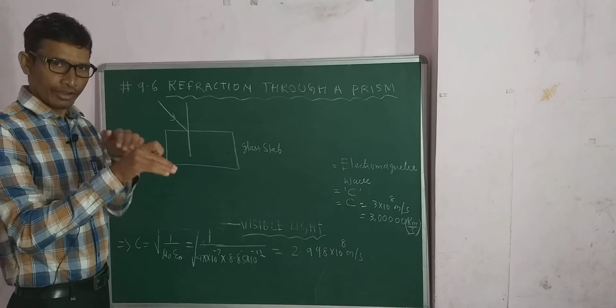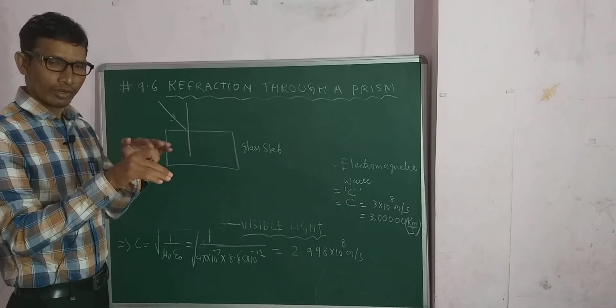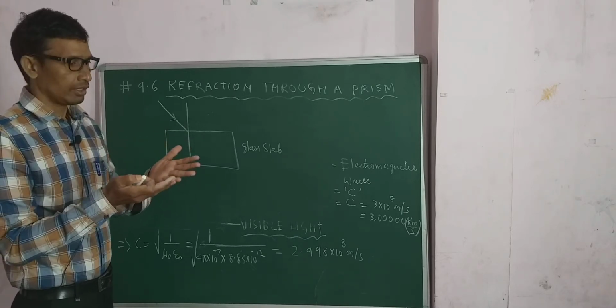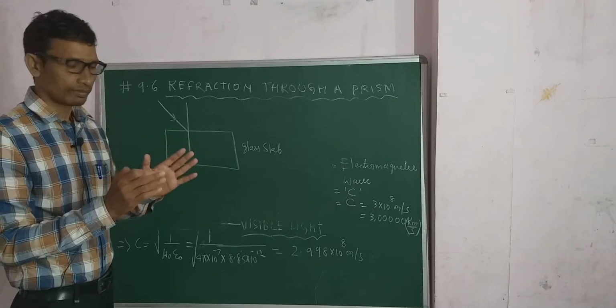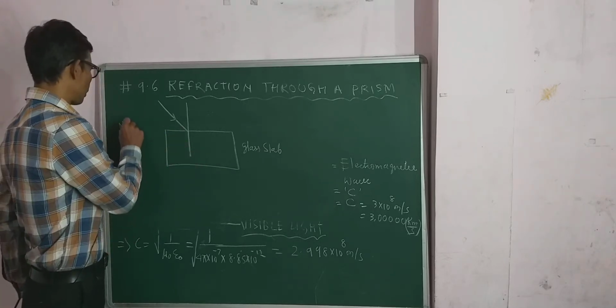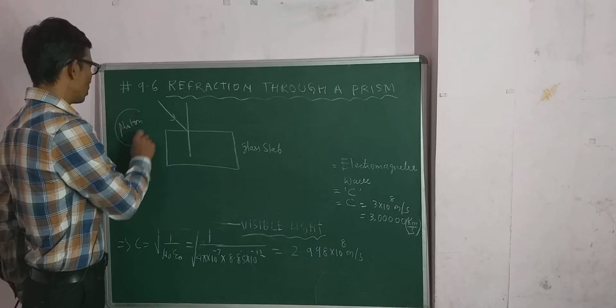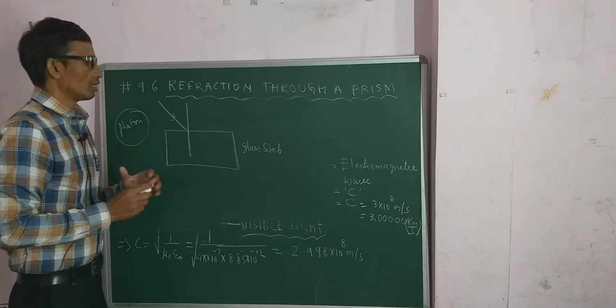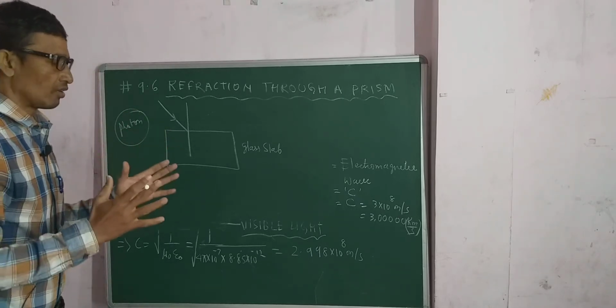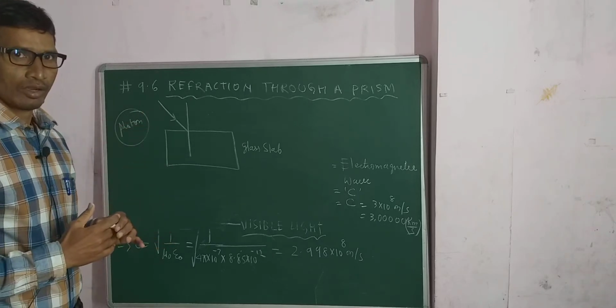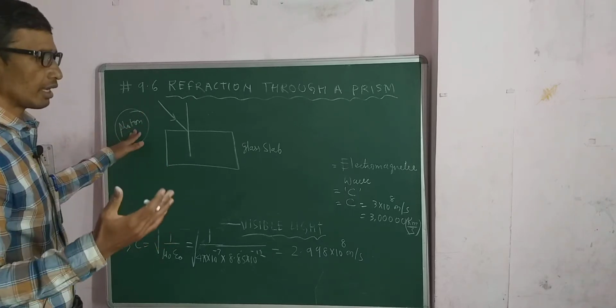amount of rays of light. Ray means it consists of photons. One thing is photon. Photon is the part of our light. Without photon, we cannot imagine light.